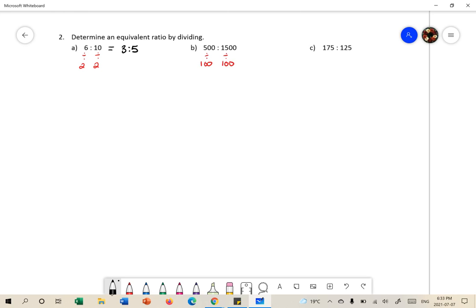So our equivalent ratio would be 5 to 15. And in C, we can divide both parts of our ratio by 5. So our equivalent ratio would be 35 to 25.